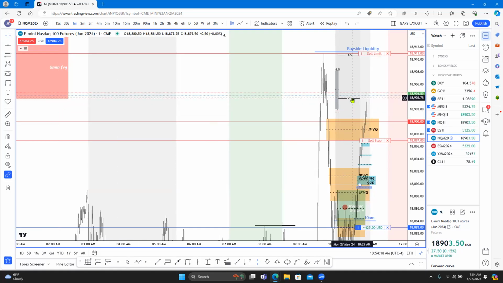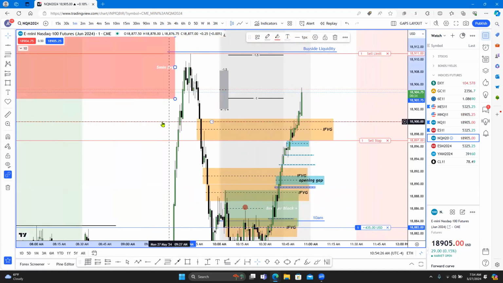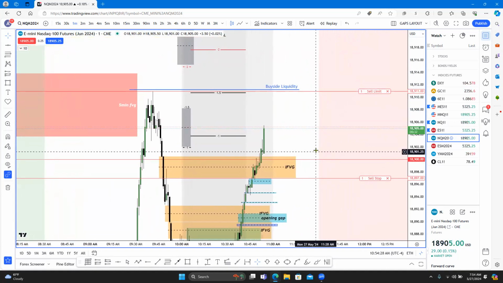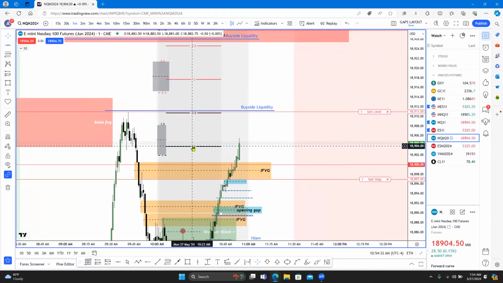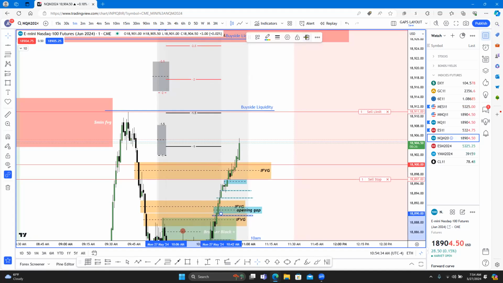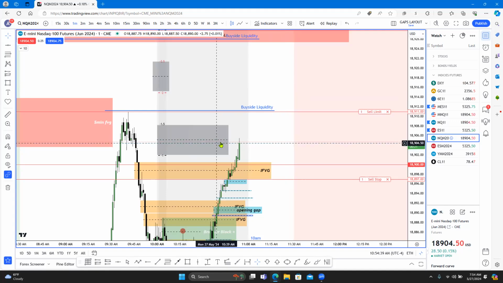So just about one standard deviation is back into this 5 minute in here. Notice there, that lower end of this 5 minute gap. So that's this measuring gap. So here we have silver bullet area.